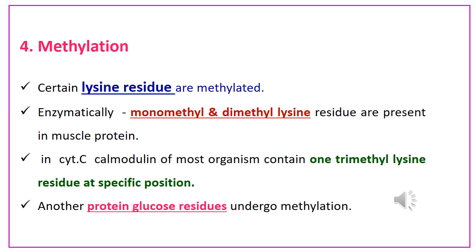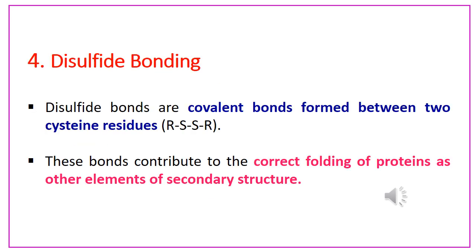Another protein, glucose residues also undergo methylation. Disulfide bonding. Disulfide bonds are covalent bonds formed between two cysteine residues. These bonds contribute to the correct folding of proteins and other elements of secondary structure.